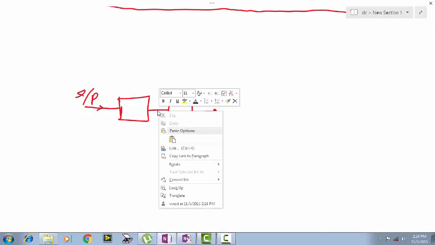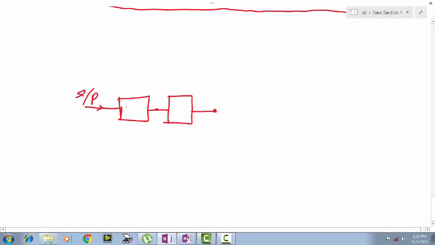So now this is the input, and a memory element, one more memory element, and this dot represents a connection. So now as it is 1/2, there are 2 adders.